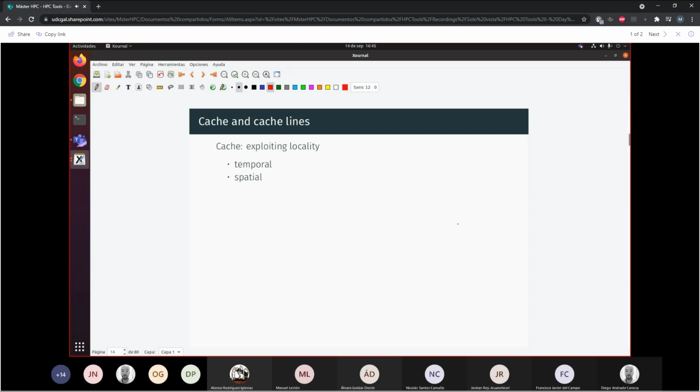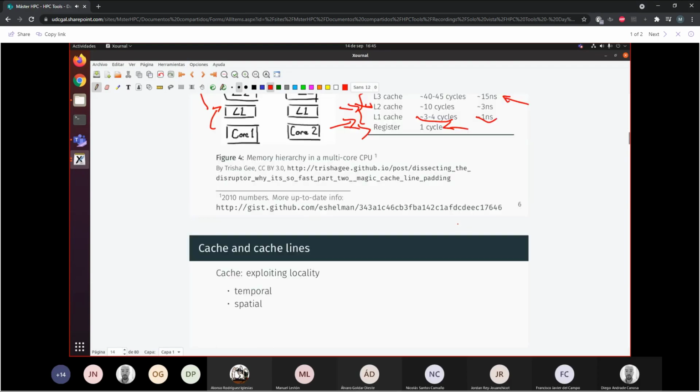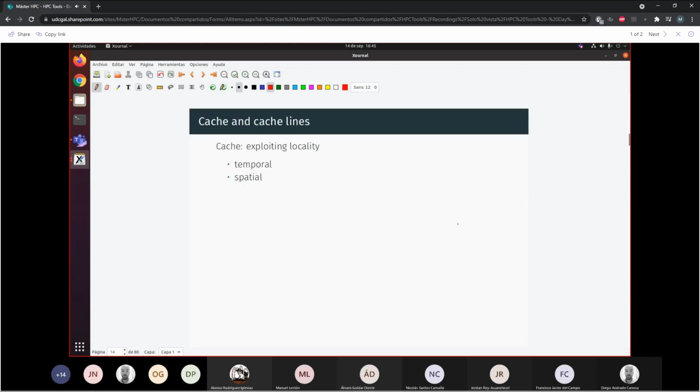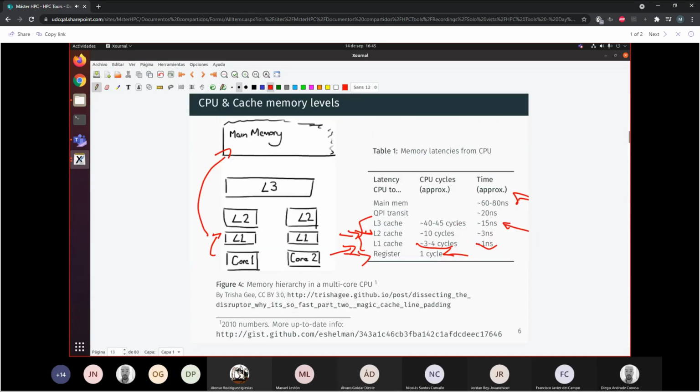And in order to have this, we need to exploit something that is called locality. Do you know this concept from any previous subject? Okay, the idea of locality is that when the computer starts, all the information is in the permanent storage, in the solid state drive, in the hard disk drive, whatever.